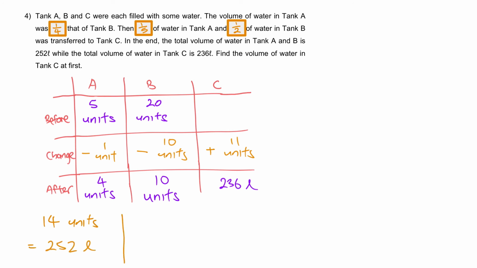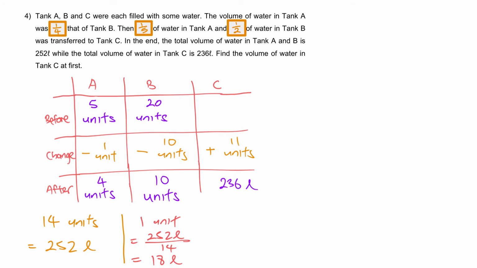From here, we're going to find out 1 unit, which is 252 liters divided by 14, to give us 18 liters. So every unit here is 18 liters.